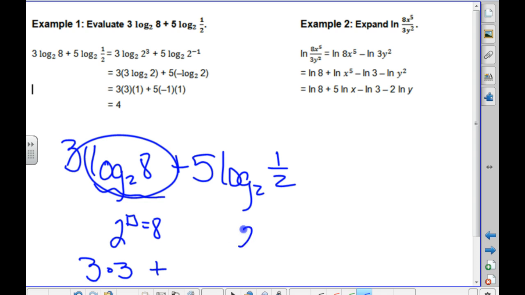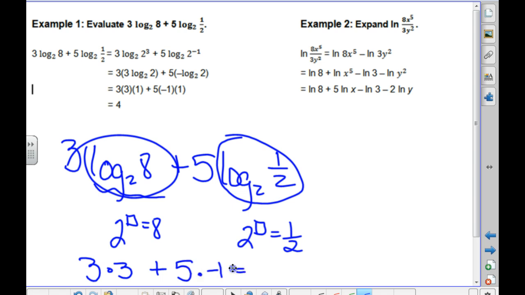And this one is saying 2 to what power is 1/2? Well, what puts something in the denominator? -1, right. This whole exponent right here is -1. So we have plus 5 times -1, which is 9 minus 5 or 4. All right, that's what they got. They did a whole bunch of goofy stuff, but that's what they got.